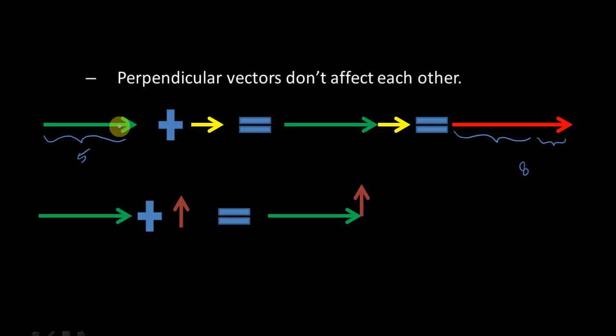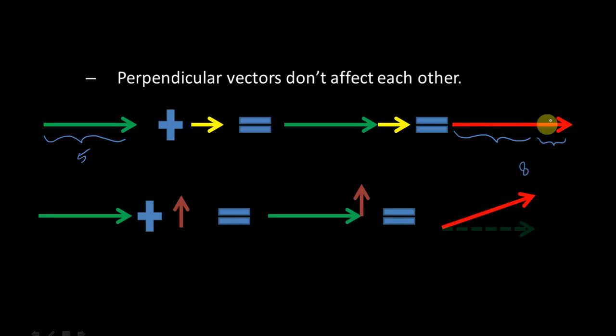Well, same thing. You do head to tails. Now when I add those up, just like we saw on the previous screen, I get this up and to the right. But here's the key thing. Looking at this vector here, it still has that same green length horizontal vector.